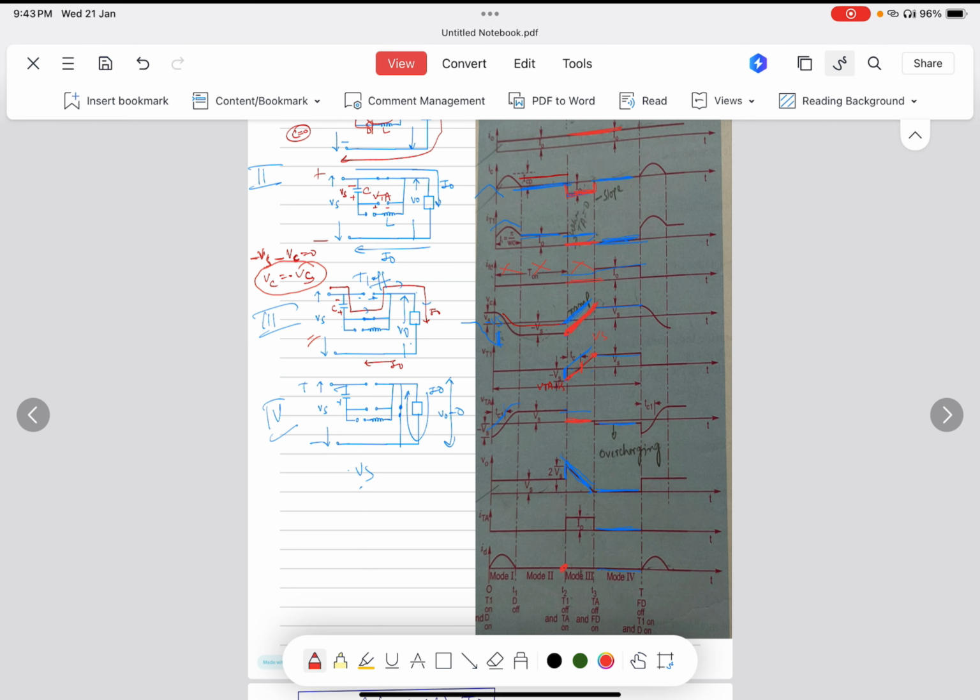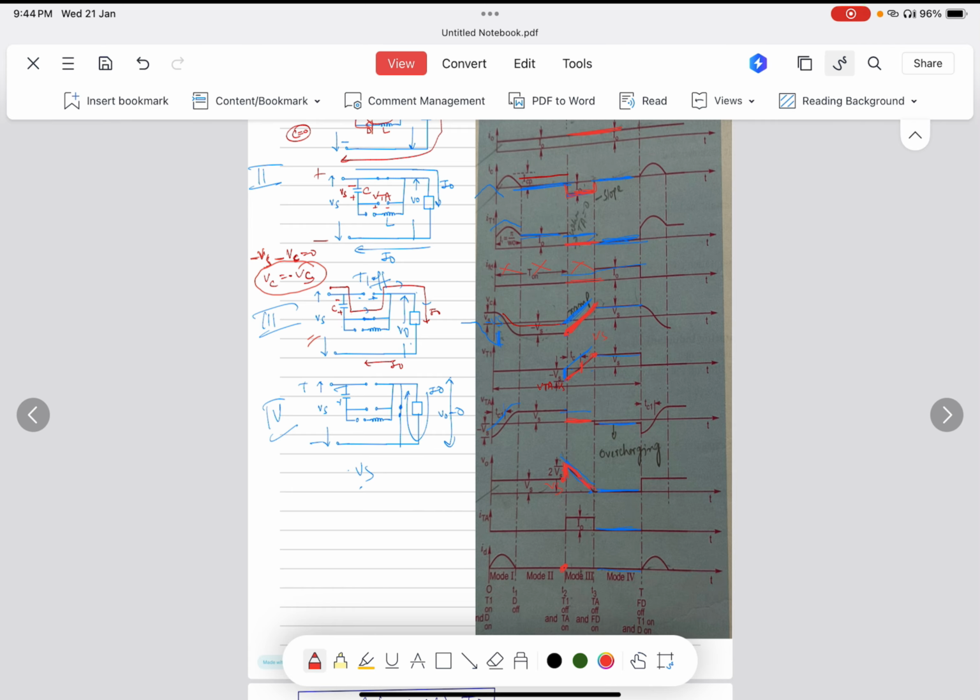So the main thing here is the output voltage. You can see here the output voltage is minus 2 Vs, which is very dangerous, and this is one of the disadvantages of this voltage commutated chopper. You can see that the output voltage is already Vs here, and now again it is charged, so it became 2 Vs across the thyristor.